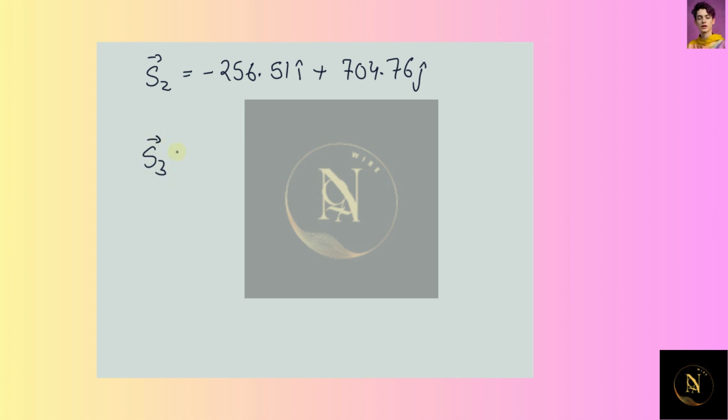Similarly we will find the S3 vector. Both components are pointing in the negative, so it will be minus S3 cosine 15 I cap minus S3 sine 15 J cap.